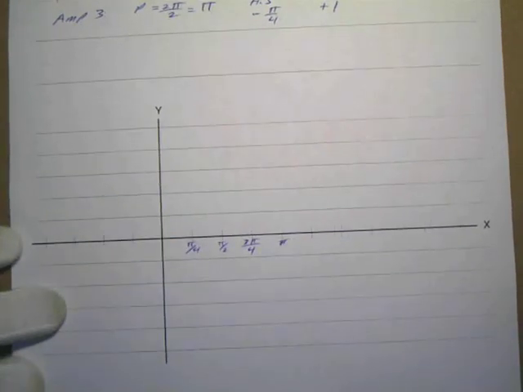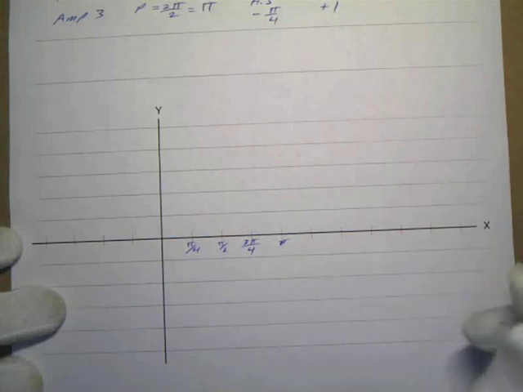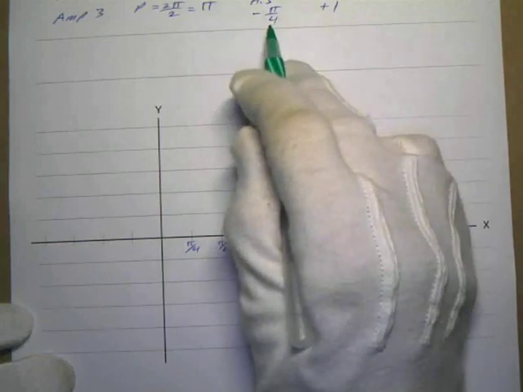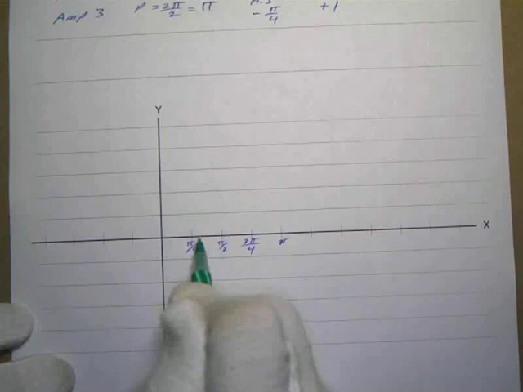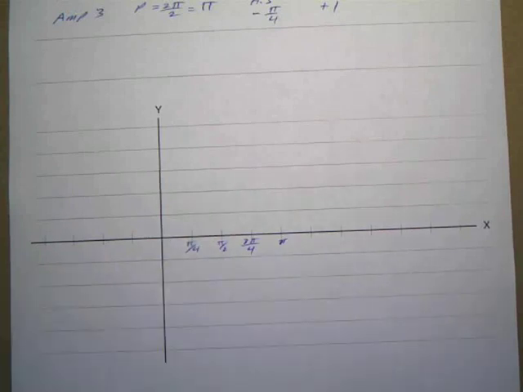So those are my subdivisions. I normally go from here to here, one period, but I have a horizontal shift of pi over 4 to the left. So these are all increments of pi over 4. This is 0, so it works out really good.